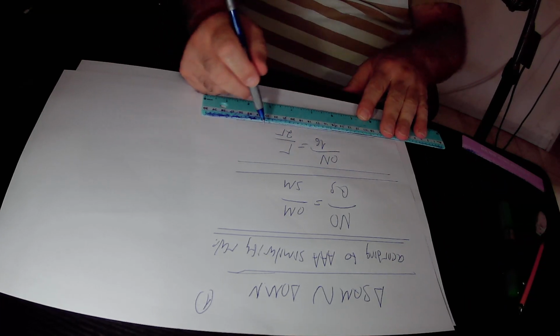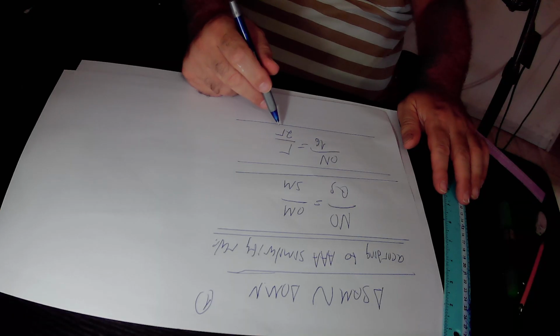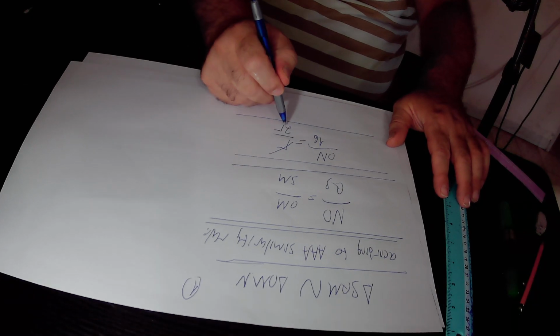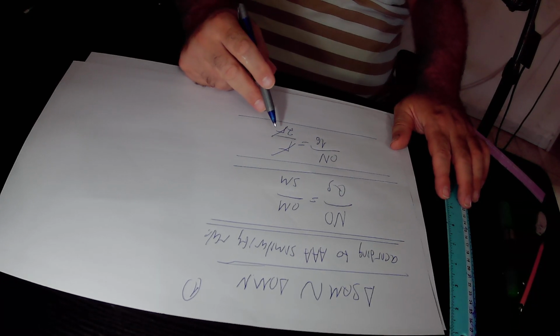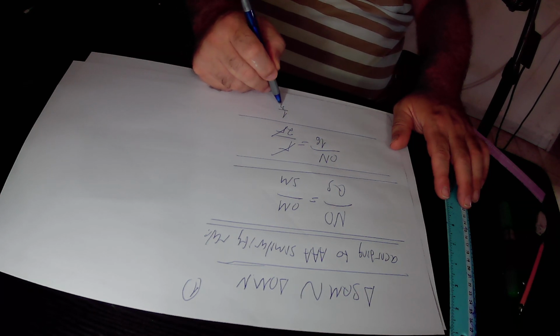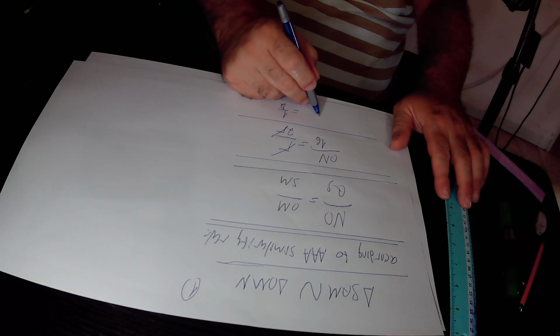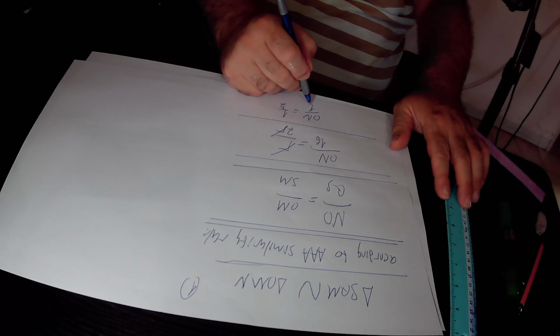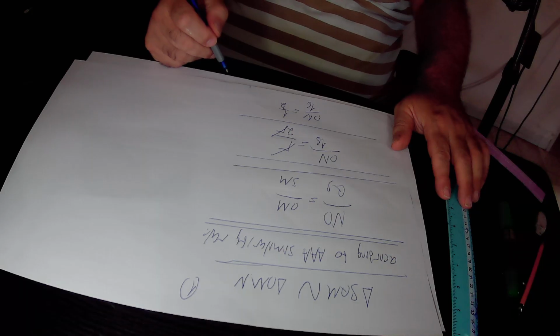So we have R in the numerator and R in the denominator, so R will get cancelled. If we cancel R, on this side we are left only with 1/2, equal to ON over 16, or ON over 16 equals 1/2.